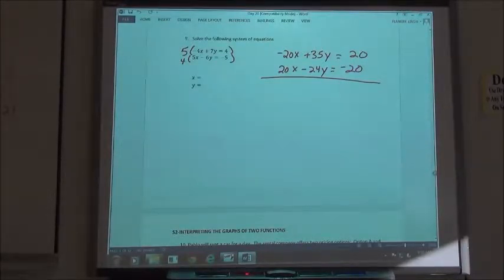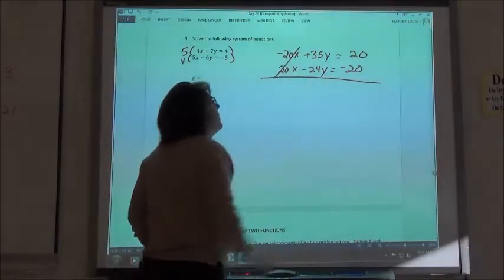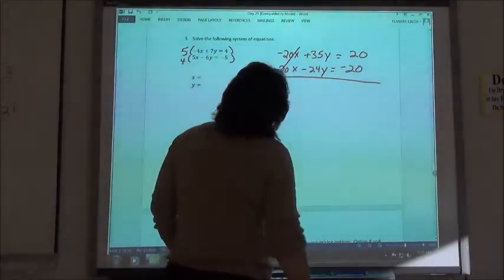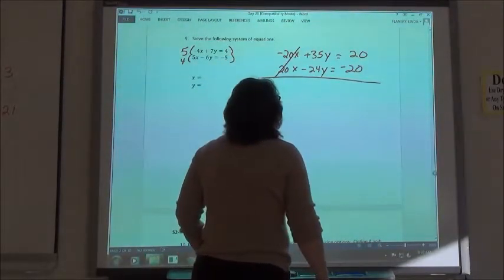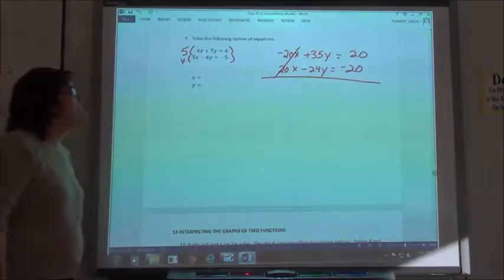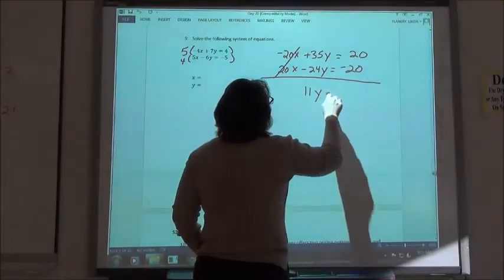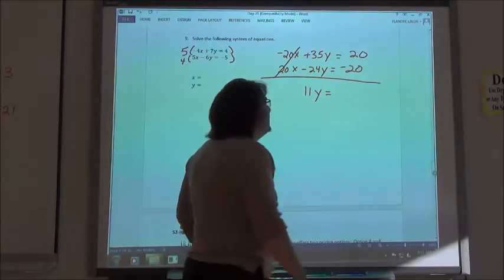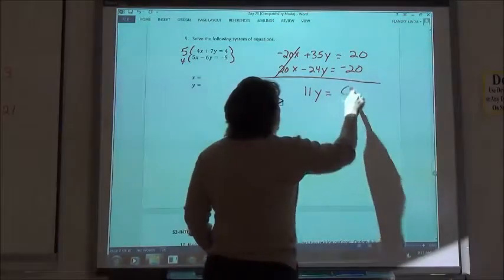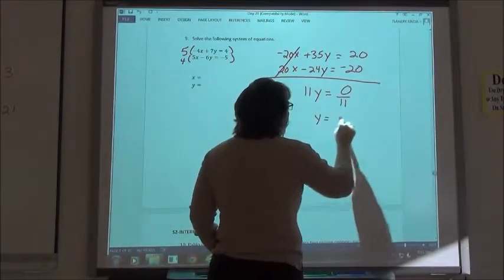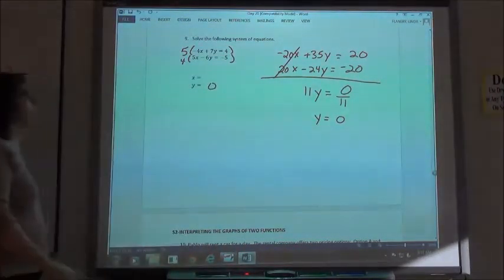So when I add those equations together, I get 35 minus 24 would be 11y. 11y equals 0. And when you take 0 and divide it by 11, guess what? You still get 0, right? So y is going to be 0.